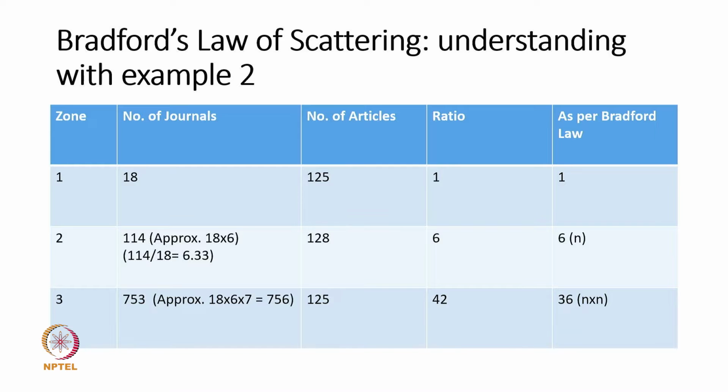We are compiling a bibliography on a particular subject, and we found that 18 journals publish 125 articles on that particular subject.